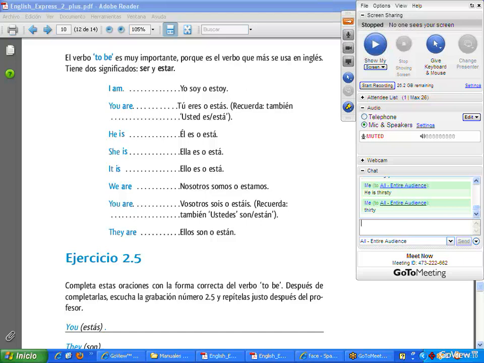So, wait a minute. I have to pause one minute. Okay, exercise 2.5. Complete these sentences with the correct form of the verb to be.